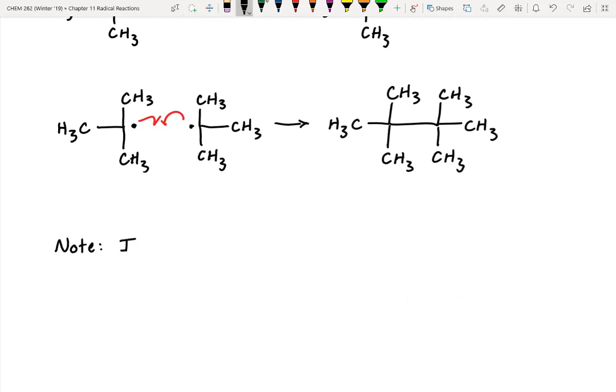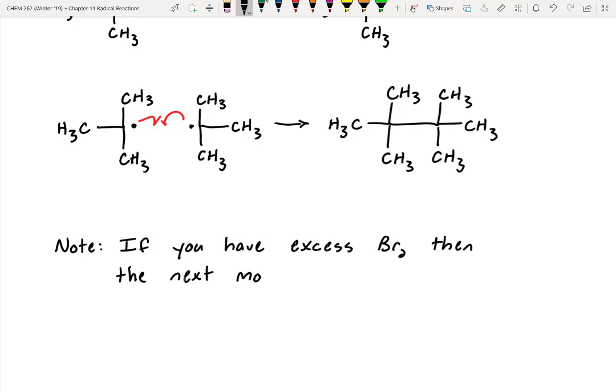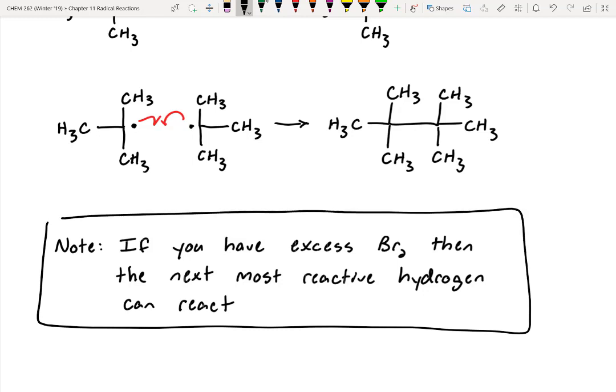And the note is, if you have excess Br2, then the next most reactive hydrogen could be halogenated. However, we saw that the other remaining hydrogens on our organic starting material were coming off of primary carbons.